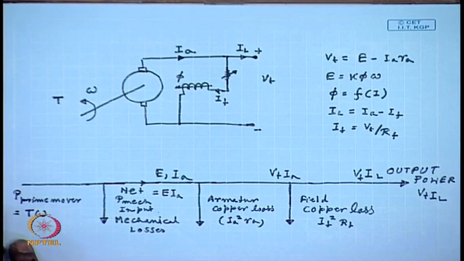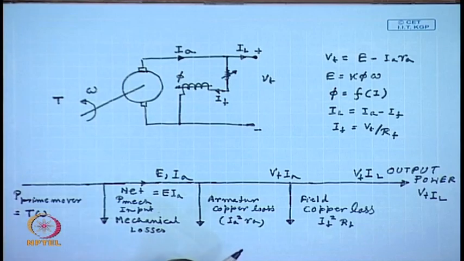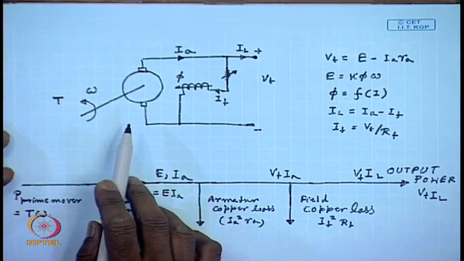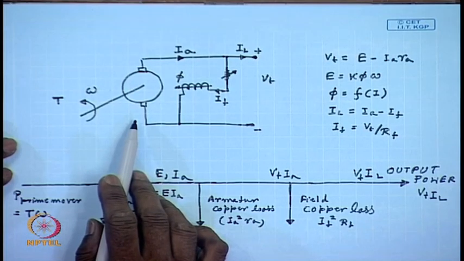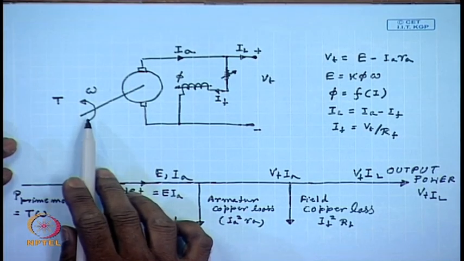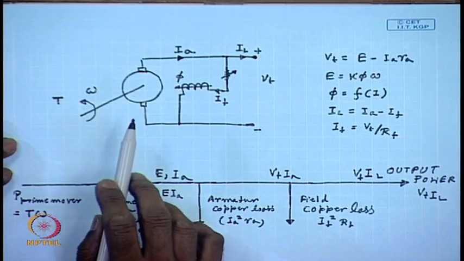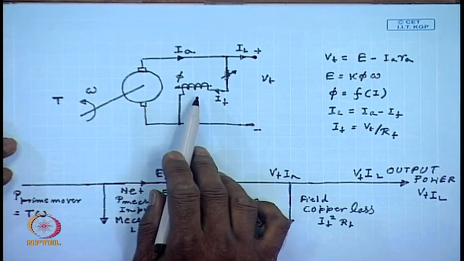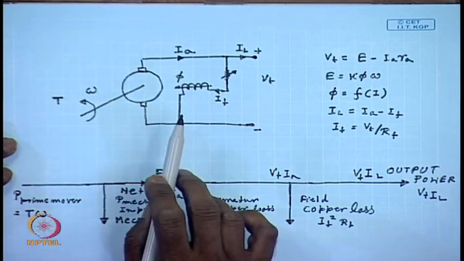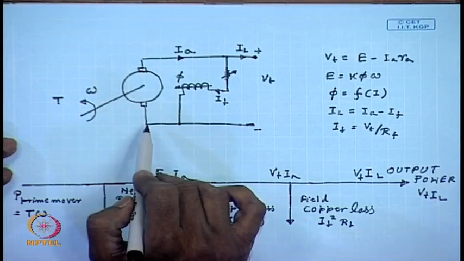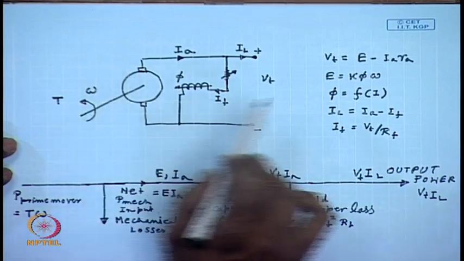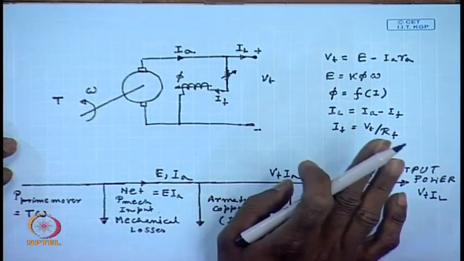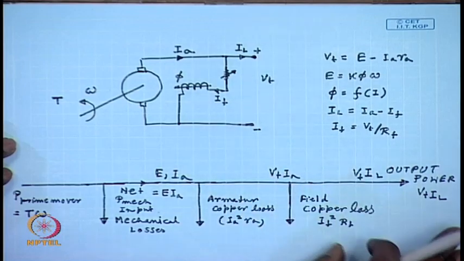So, this is how the power flow picture will look like when this is operating as a generator. Obviously, in order for this system to work as a generator, the prime mover should rotate the armature at a speed such that with the given field excitation the generated EMF across the armature is larger than the supply terminal voltage, then only it will work as a generator.